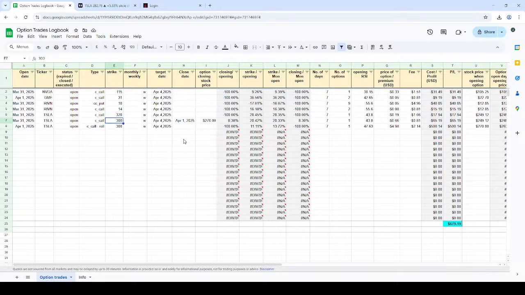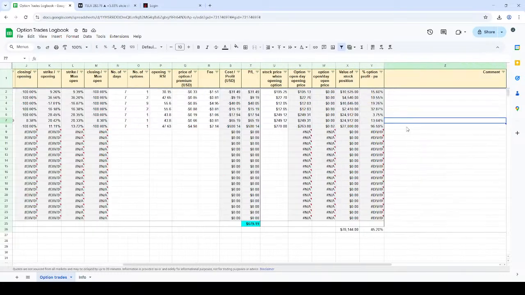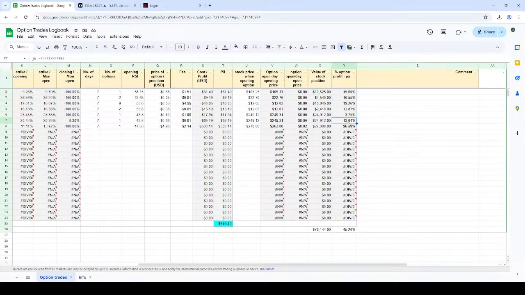The premium was relatively low, it was 13%. For 320, the premium was even less, only 3%.